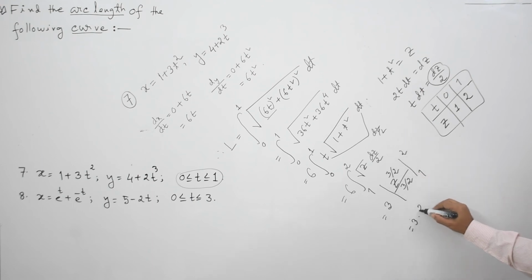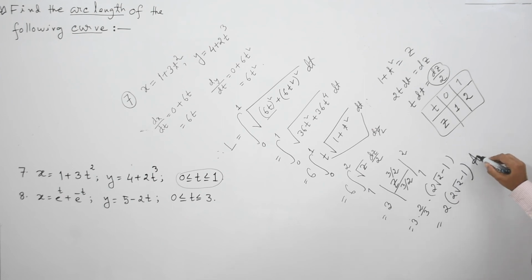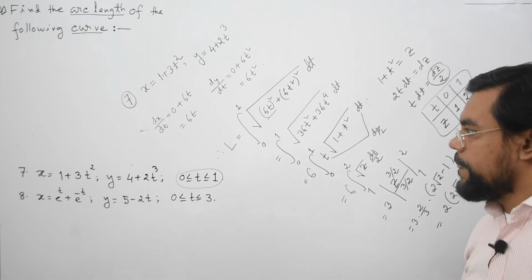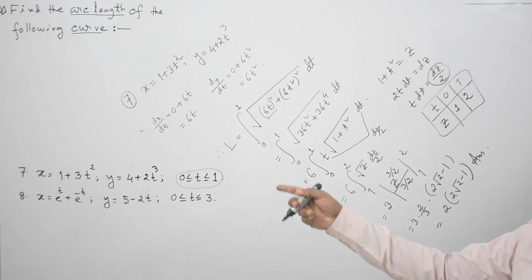Now we can write 3 times 2/3 times (2 root 2 minus 1). So this equals 2 times (2 root 2 minus 1). So this is the arc length of the curve given by the parametric equations in example 7.